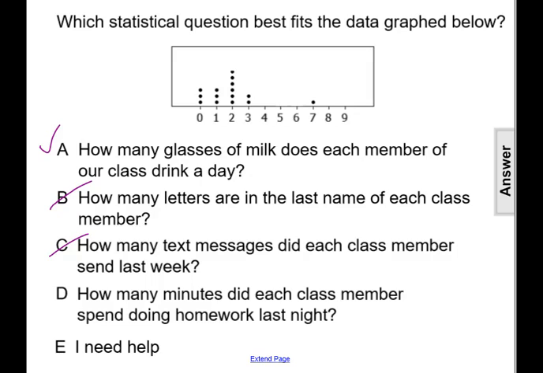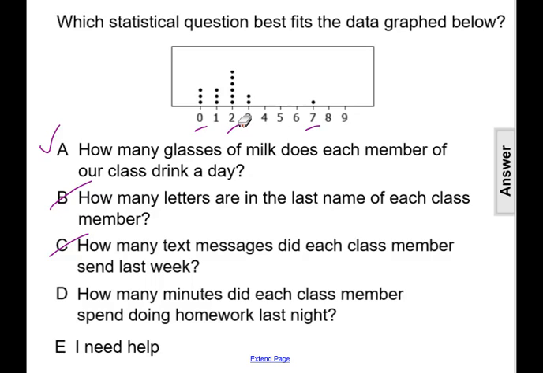And then finally, how many minutes did each class member spend doing homework last night? So again, think about how much time you spend doing homework in a night. With the data points of 0, it's highly unlikely that students are doing 0 minutes of homework. Even higher than 7, your number should be a lot higher.